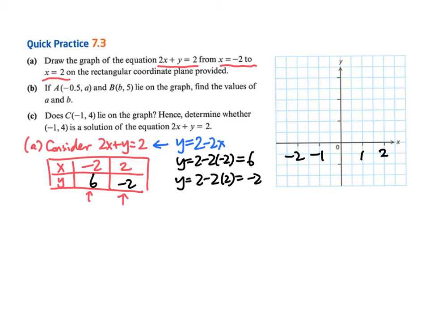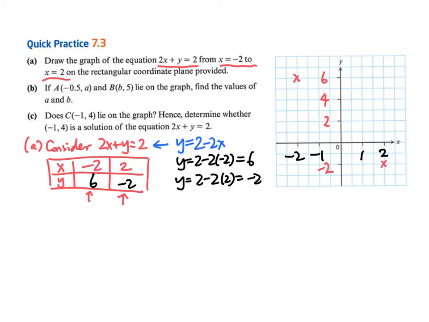So for the scale on the y-axis, I will use 2, 4, 6, and then here will be negative 2. So once again, I have to plot the points. Negative 2, 6 would be somewhere here, and 2, negative 2 would be somewhere here.